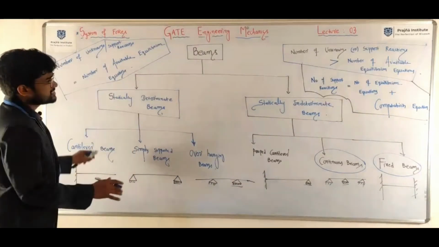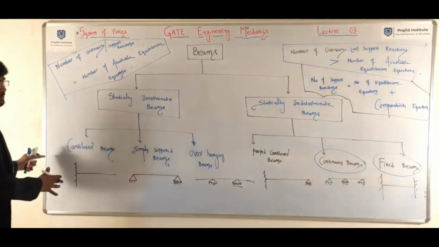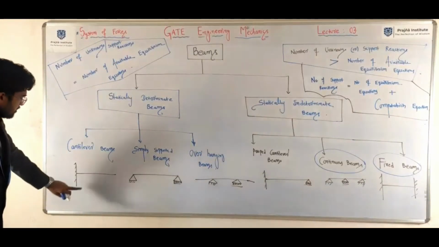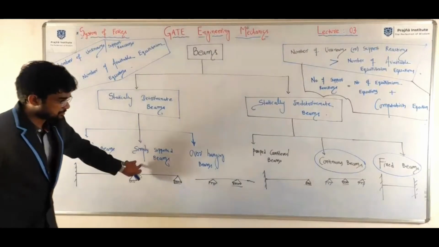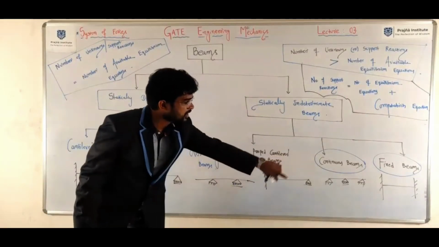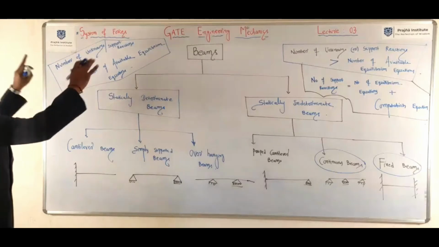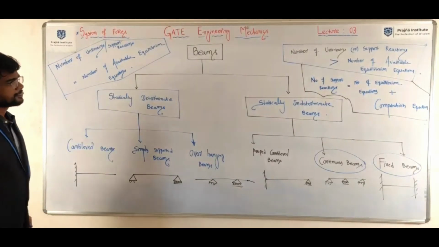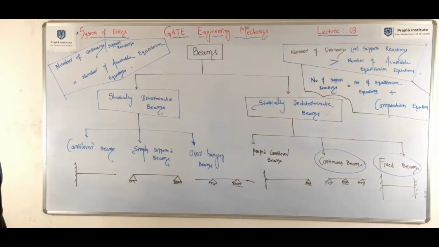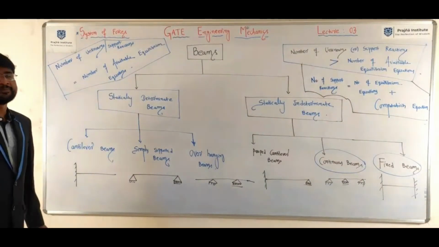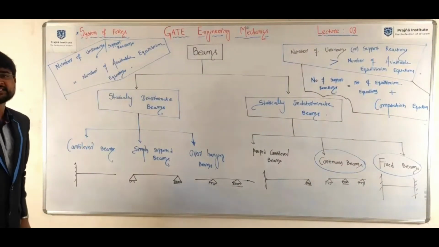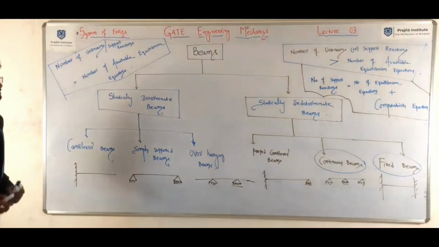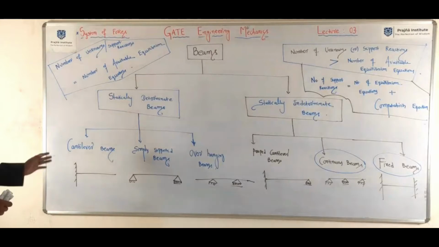So, statically determinate beams, statically indeterminate beams, and classification by cantilever, simply supported, overhanging, propped, continuous, and fixed. This is the complete picture for beams. This is a common lecture for both engineering mechanics and strength of material courses. First write down up to here.